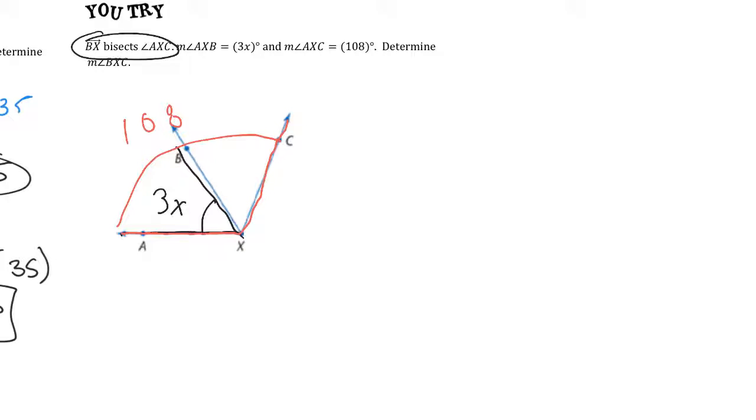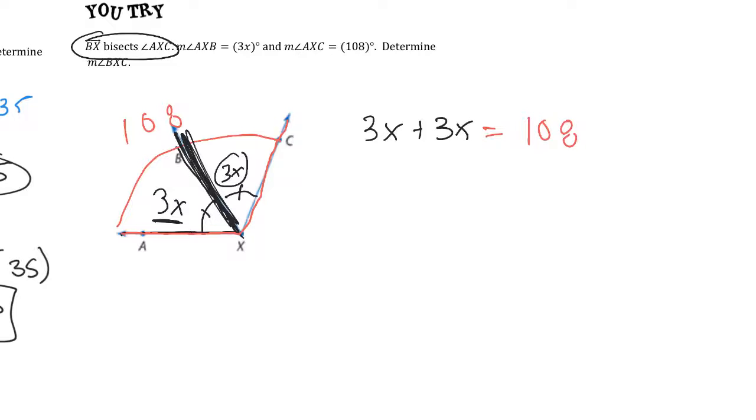Well, I see that it says BX bisects it. So this is a bisector, which means it's cut it in half. So this half equals this half. But there's nothing here. But if I know this is 3x, it has to be the same thing. I could fill in another 3x. So 3x plus 3x, you could also write it as 2 times 3x, equals the whole angle, which is 108.